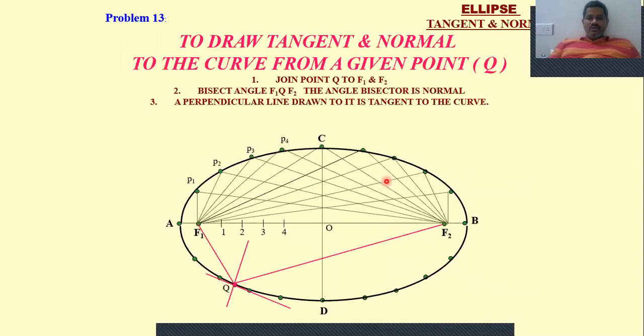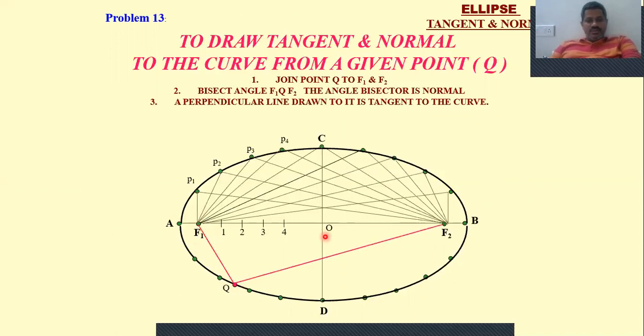Now let me again go back. This is also an ellipse, and it has two foci, F1 and F2. Then you have a point Q on this ellipse. Join point Q and F1, Q and F2 like this.